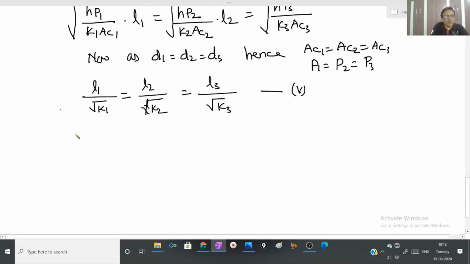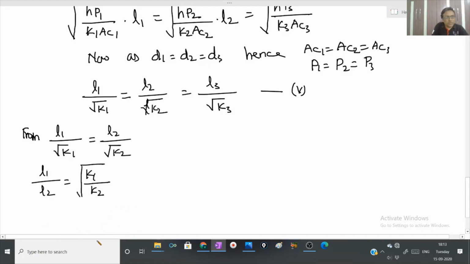Now let us solve these equations in combination. So from L1 over square root of K1 is equal to L2 over square root of K2, L1 over L2 will be square root of K1 over K2.